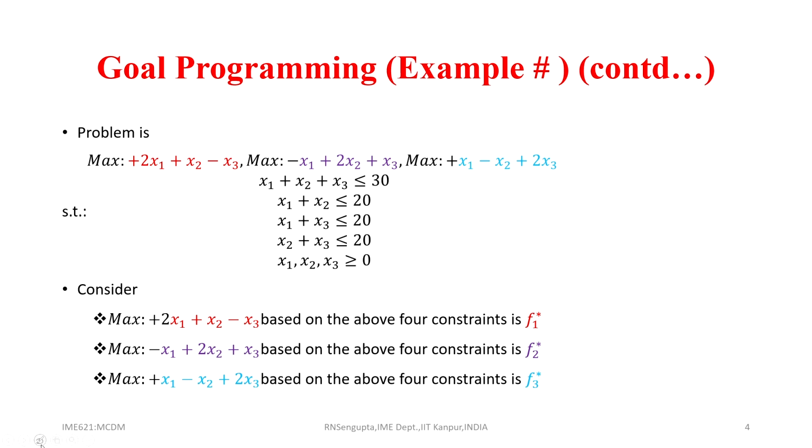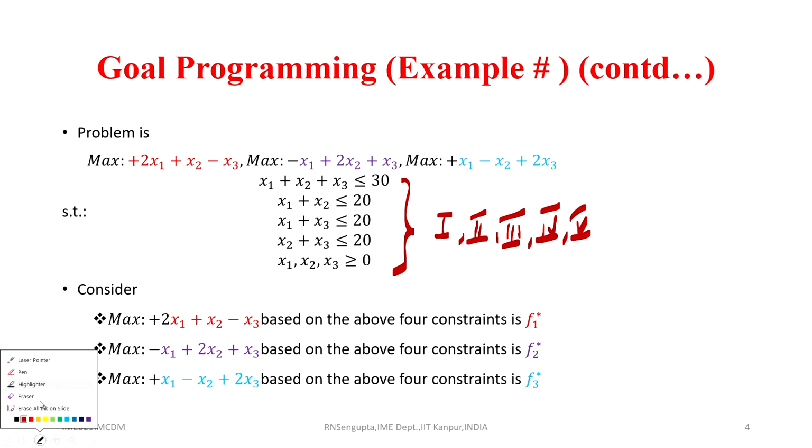Considering that we want to solve them individually, the constraints are given here. There are 1, 2, 3, 4, 5 constraints. The first objective function was denoted by f1 in red color, f2 in violet color, and f3 in blue color.